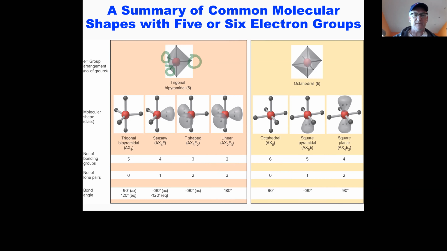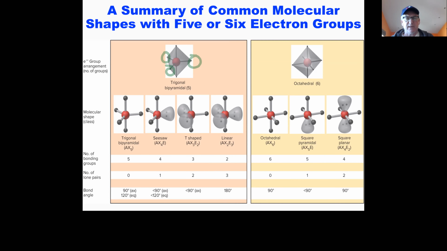Excuse me. For AX3E2, why wouldn't the lone pairs be in the axial positions so they can have 180 degrees? They wouldn't have 180 degrees. They'd be greater than 120 between the two of them, but not 180.